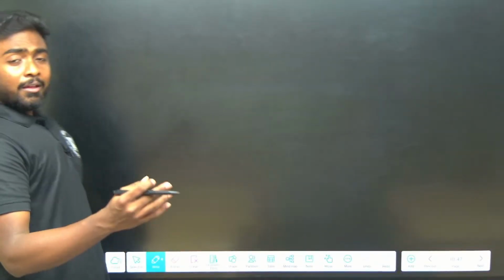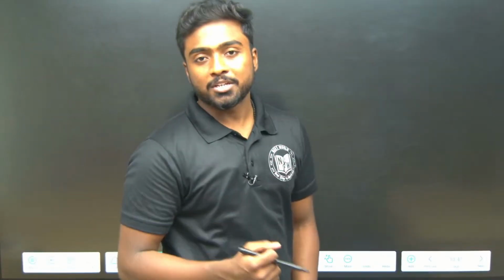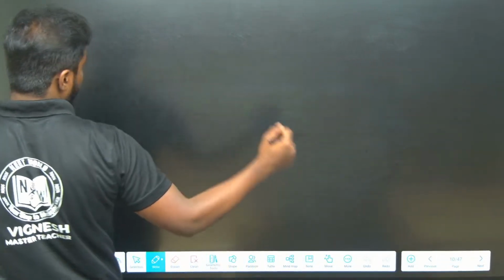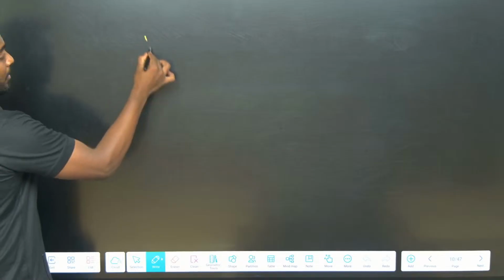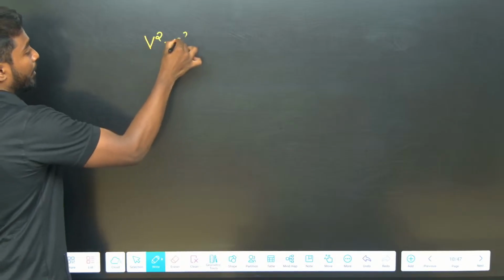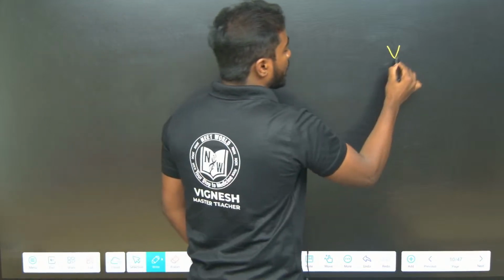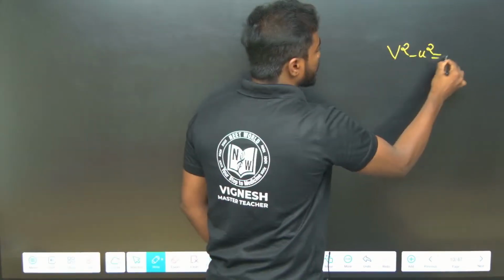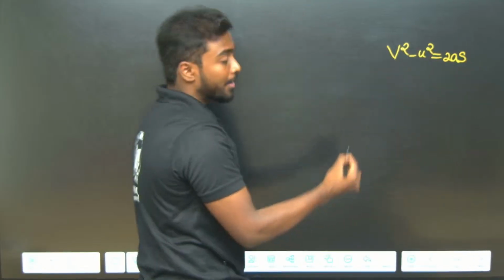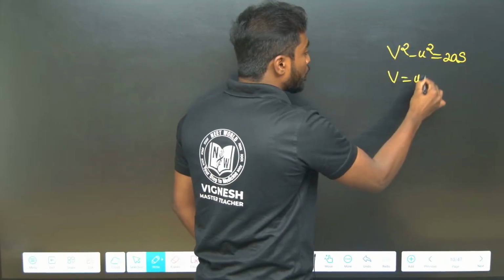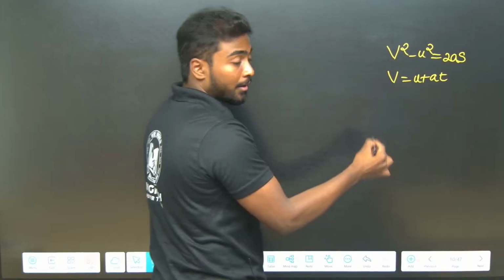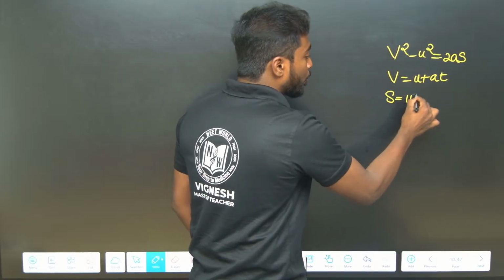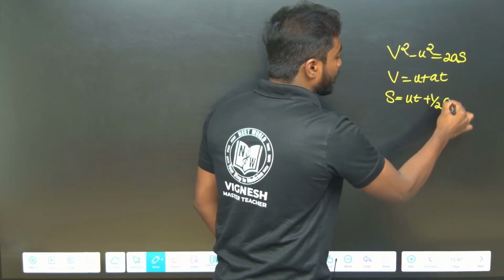First, we know the kinematic equations. That is v square minus u square equals 2as, one of the equations, and v equals u plus at, and then s equals ut plus half at square.